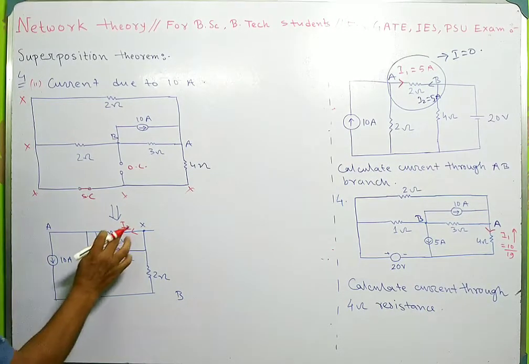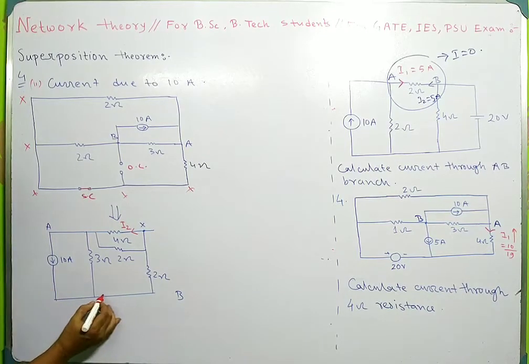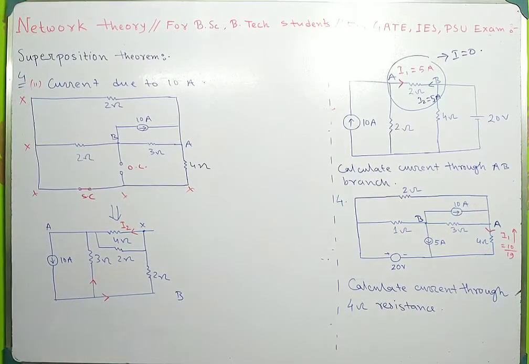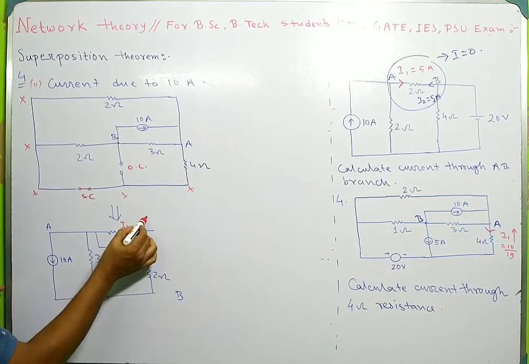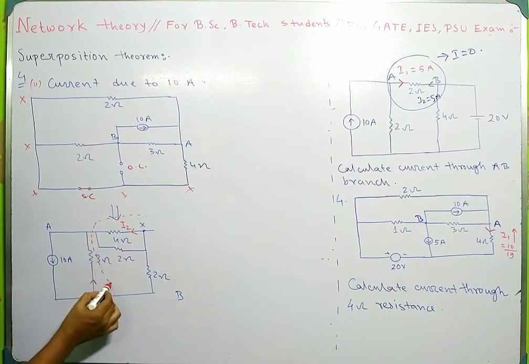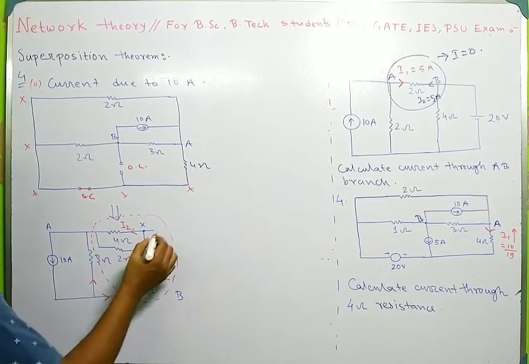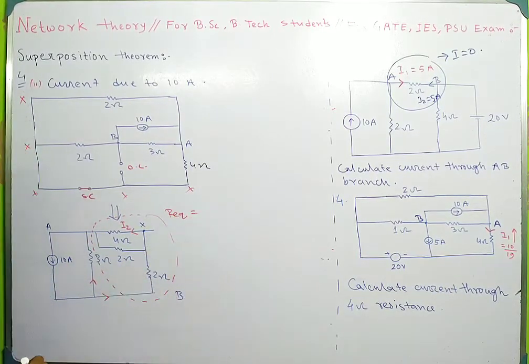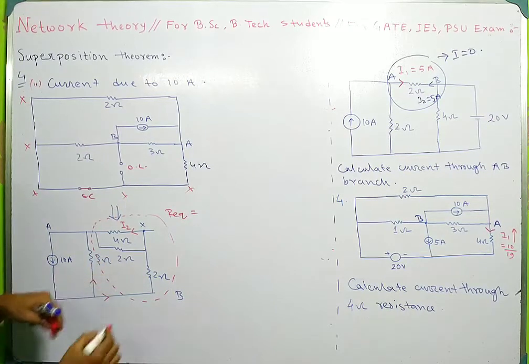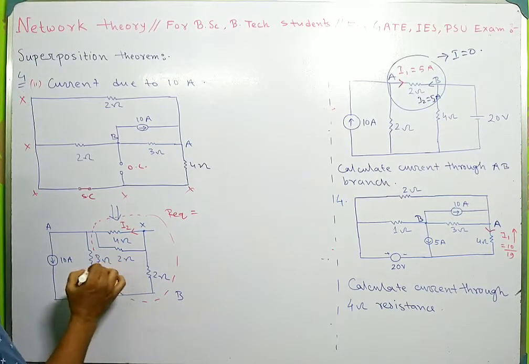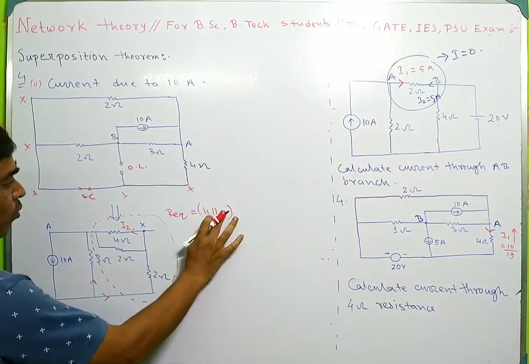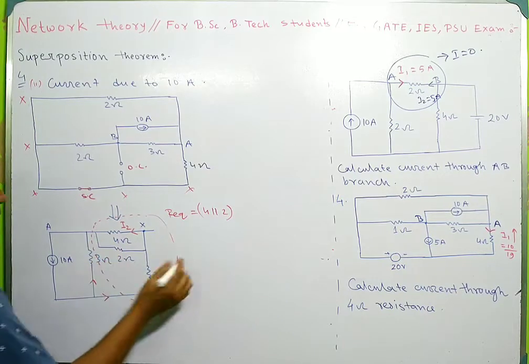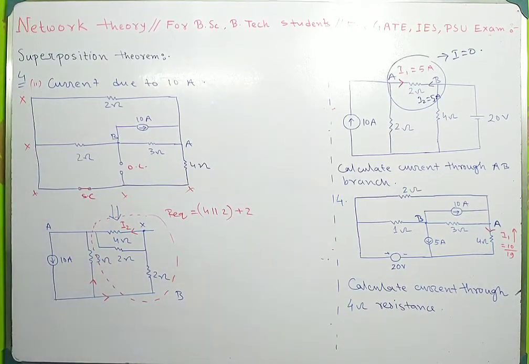Now you have to calculate I2. This current will pass in this way. So using the current division rule you can calculate this current. Here R equivalent: the 4 and 4 are parallel, so 4 parallel 2 is in series with 2.